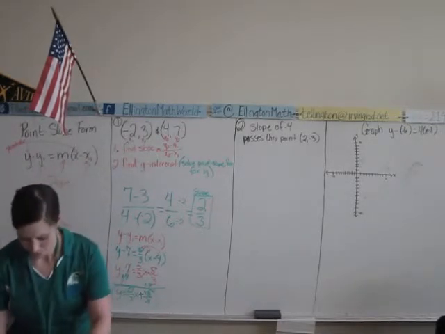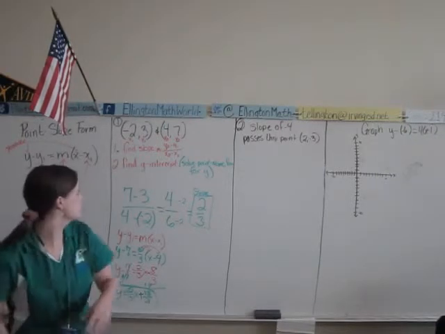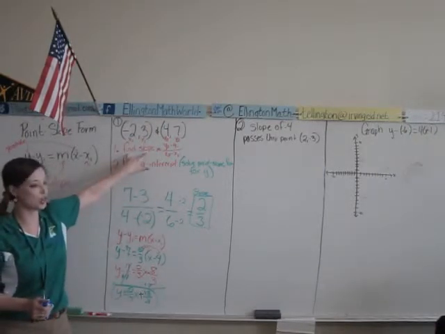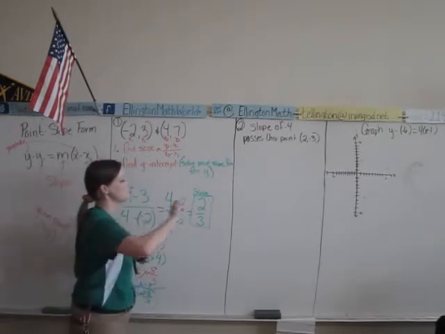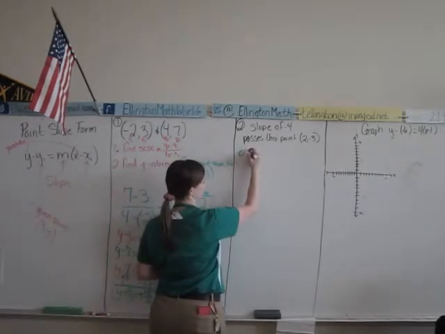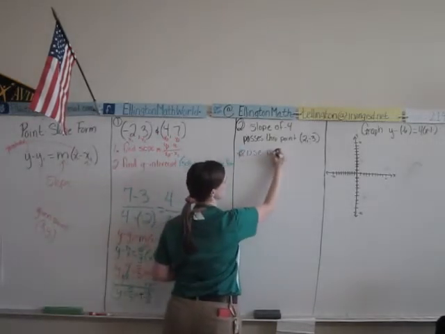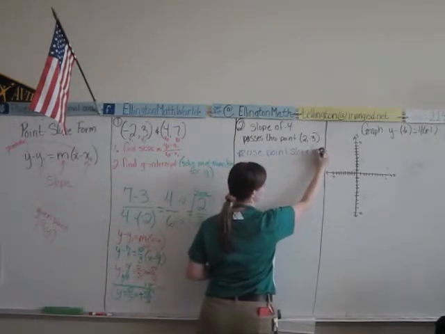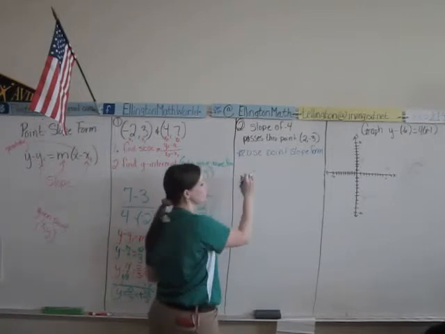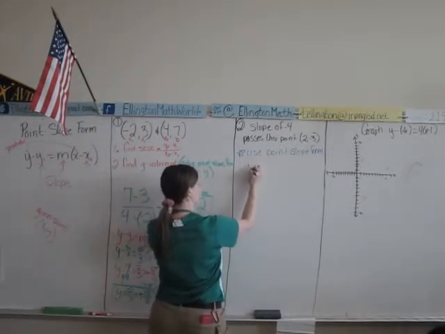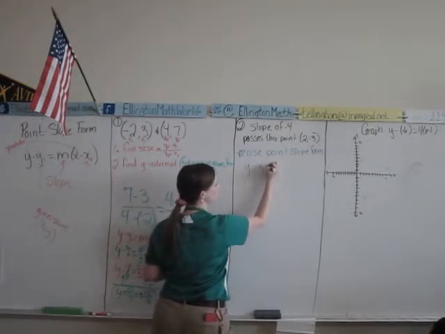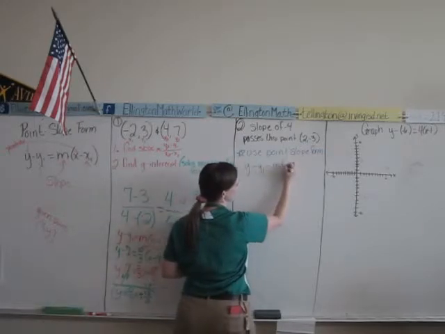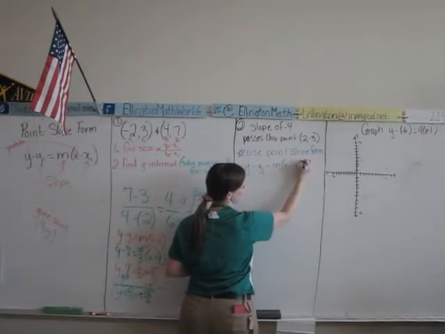The process is exactly the same as it was over here, although I don't have to start with finding slope. Just use your point slope form. Point slope form is y minus y1 equals m times x minus x1.